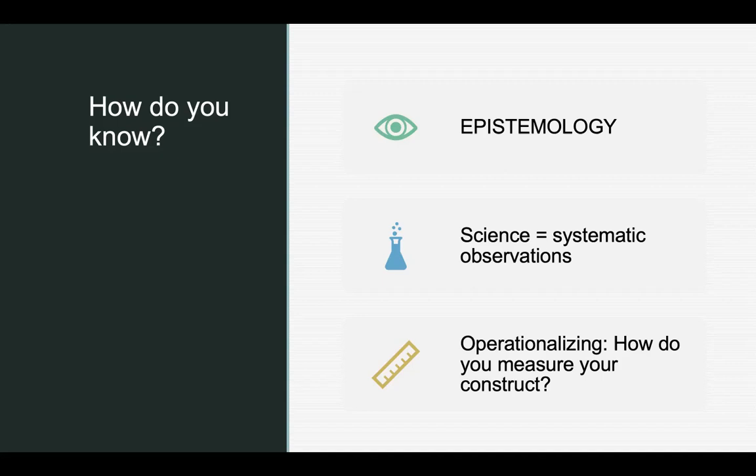And then this idea of operationalizing is going to come up throughout the semester. But I just want to jump in right away and talk about operationalizing right now. Systematic observations means that you are measuring something or observing something in the same way every time.